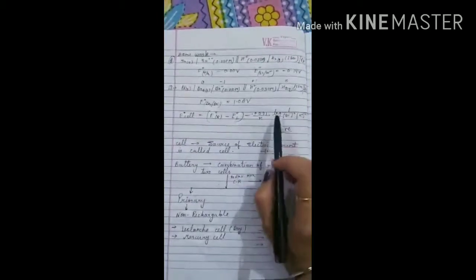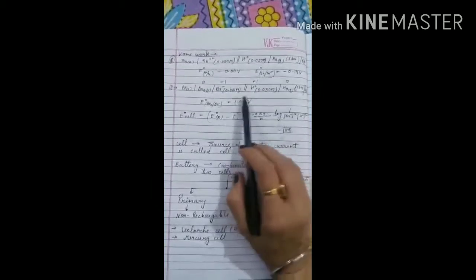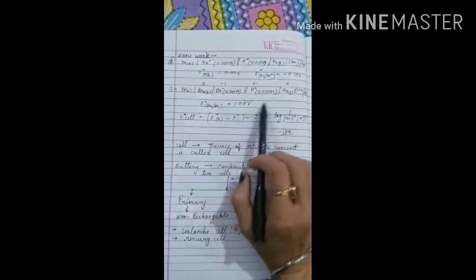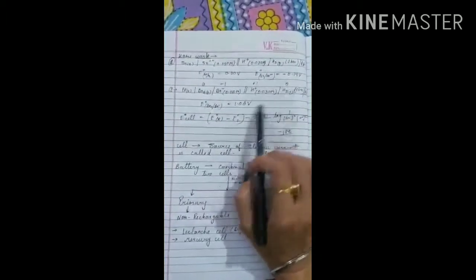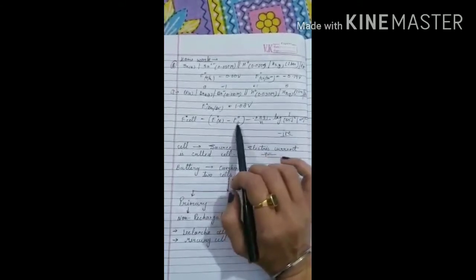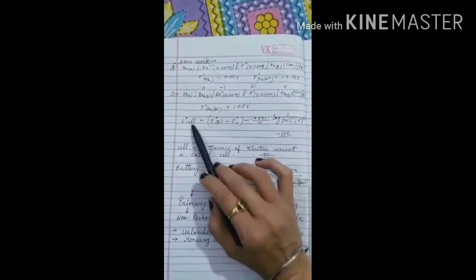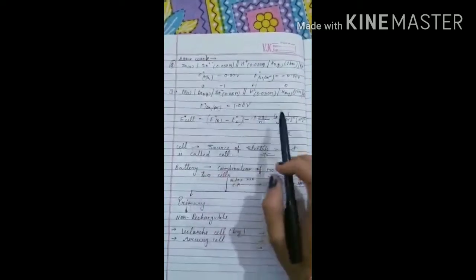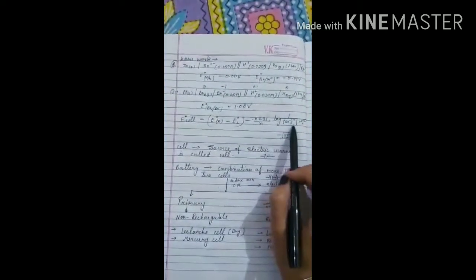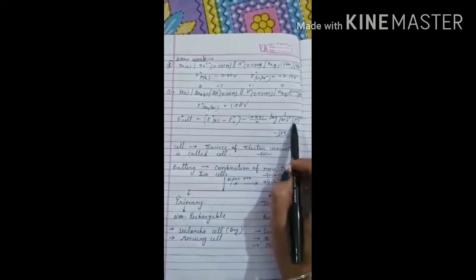Whenever you solve this question, no problem to calculate right minus left for E naught cell. The right value of hydrogen will be 0 and the other value is 1.08, then you will get the E naught cell. But how to calculate the E of cell? You have to put both the electrodes in the denominator because they both show reduction.